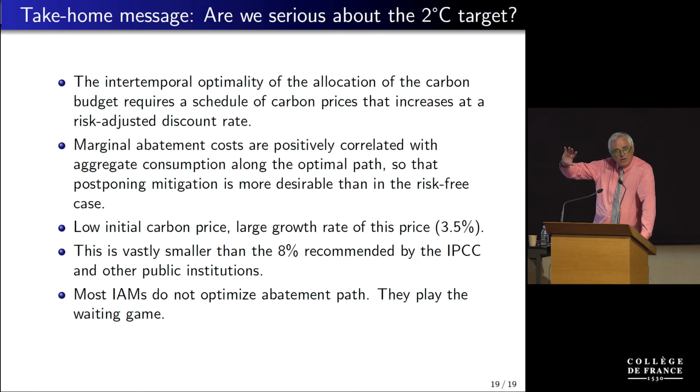The emission pathways that are examined by the IPCC impose not enough effort in the short run, but compensate that with a large growth rate of carbon price. Okay, and I believe it's a problem.